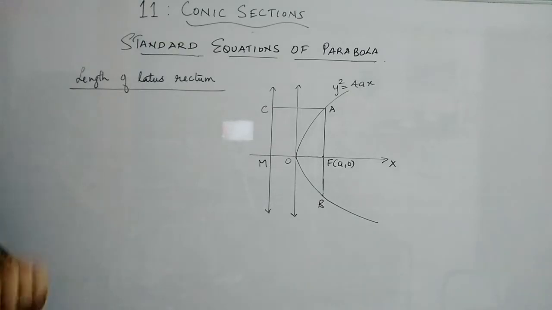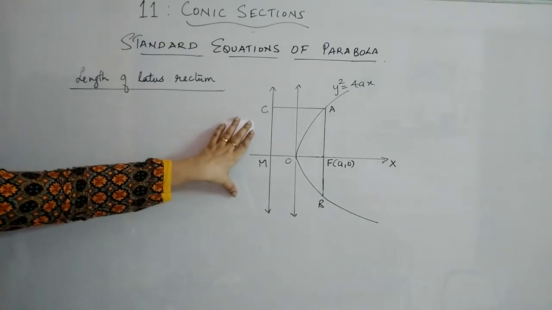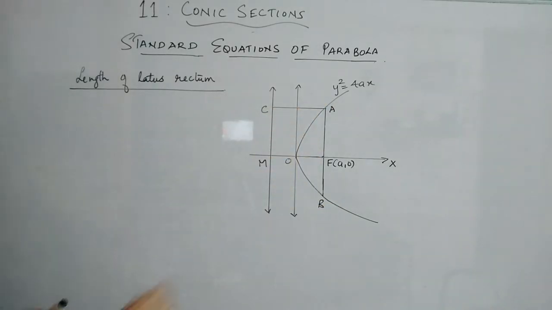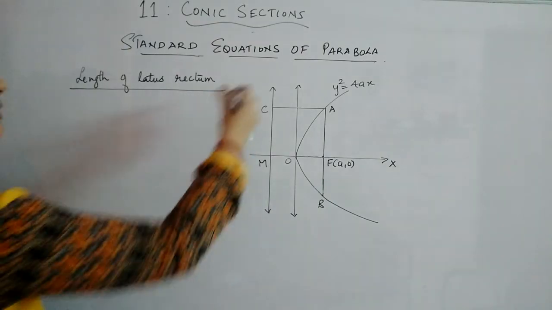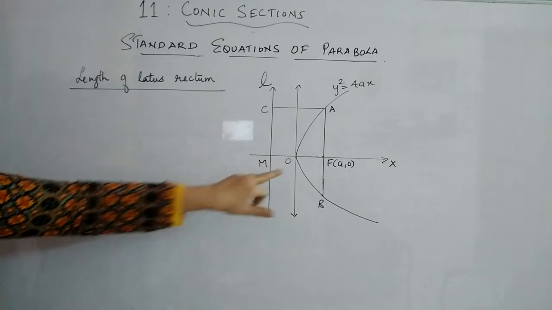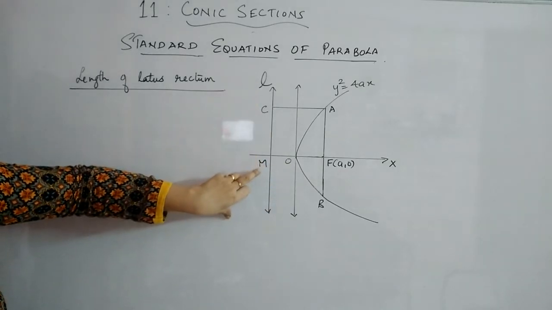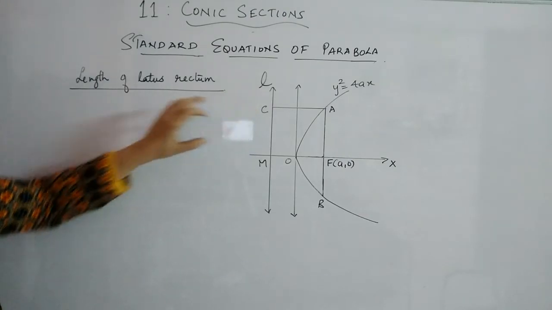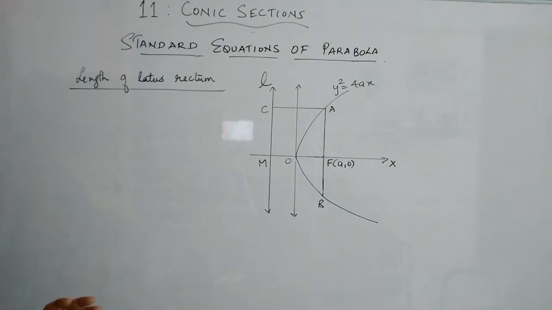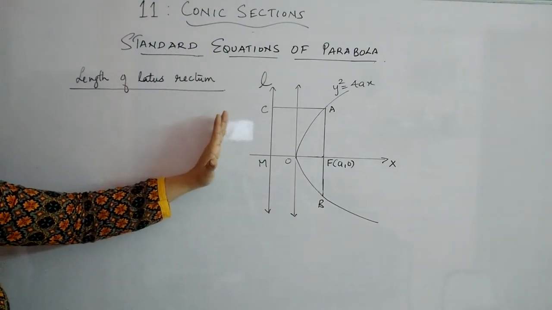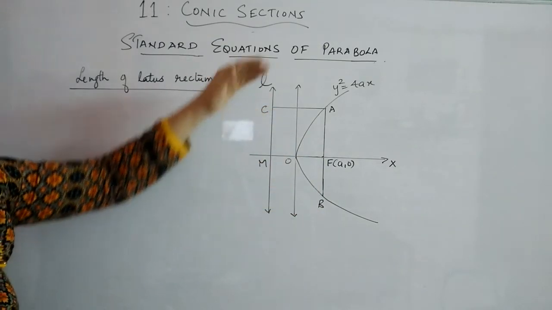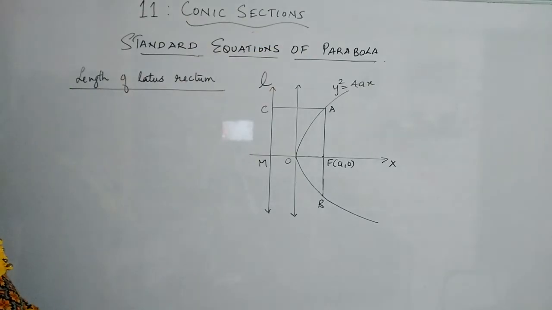Now how to find the length of the latus rectum? First we have taken a figure, the parabola y square equal to 4ax, and its focus is F, which is a comma 0. This is the directrix L. Again, on the x-axis, the directrix is touching at M, and one more point is taken, C. Now, according to the property of the parabola, we know that from the fixed line and the fixed point, the set of points for which the distances are equal, when you join them, you will get the parabola.